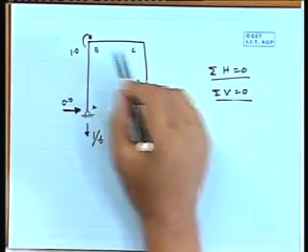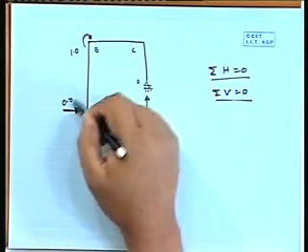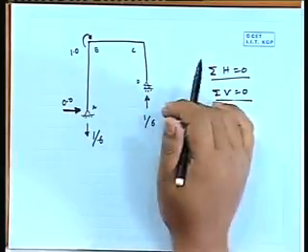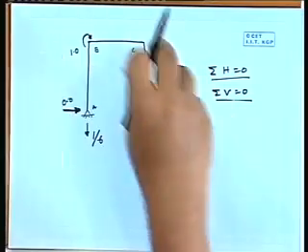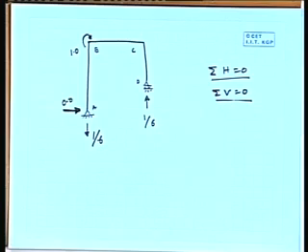Now, we can say if we put the moment here, you will get same set of reactive force. If we apply a moment here, you will get same set of reactive force. So, if you apply 1 unit moment anywhere, that type of reactive force all the time you will get.